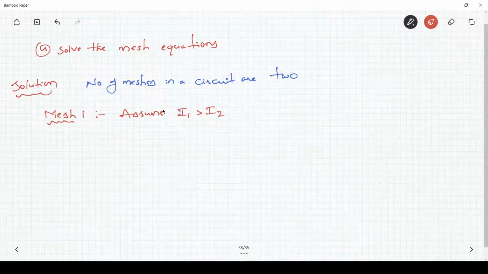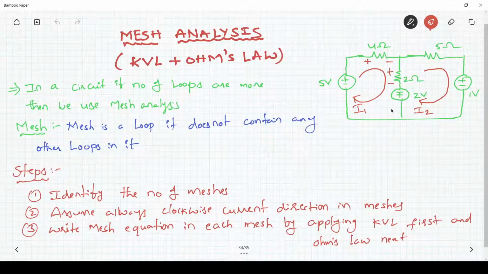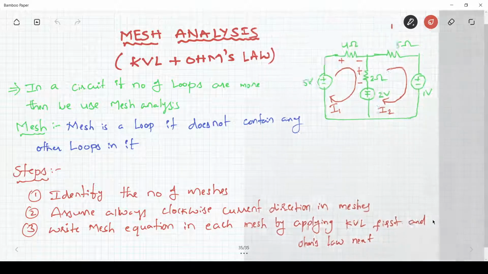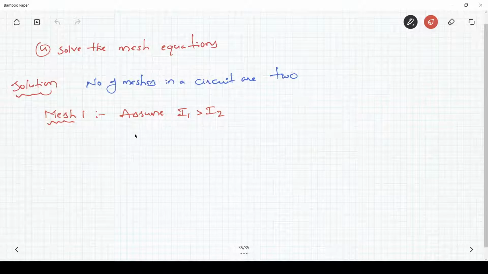Okay, this is the assumption. So now if you write KVL in mesh 1, current is entering at the negative terminal of the supply. So it is minus 5.